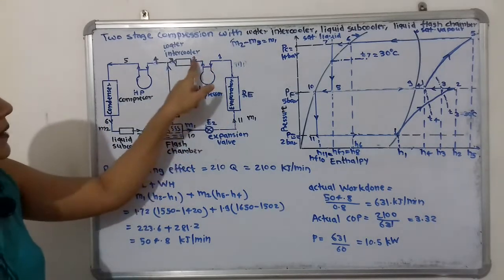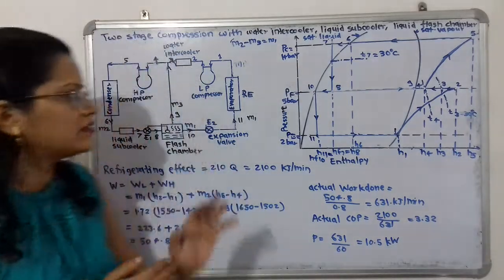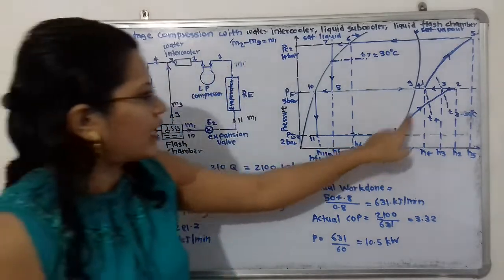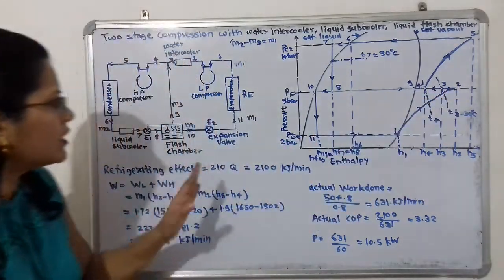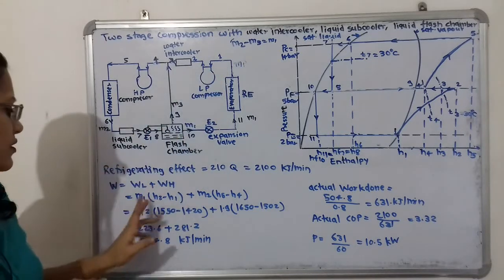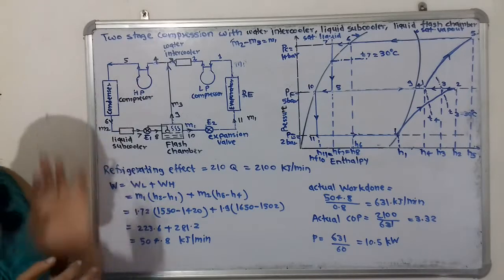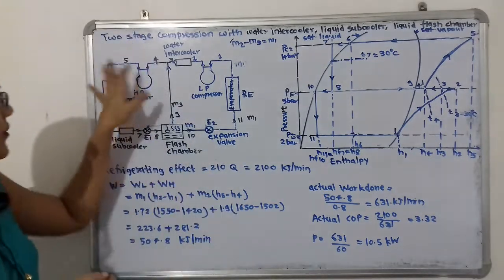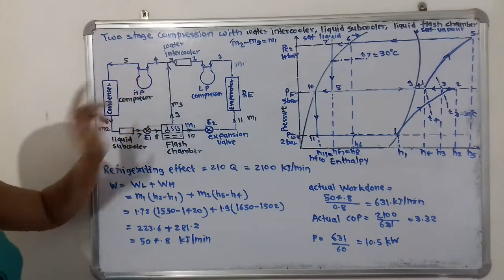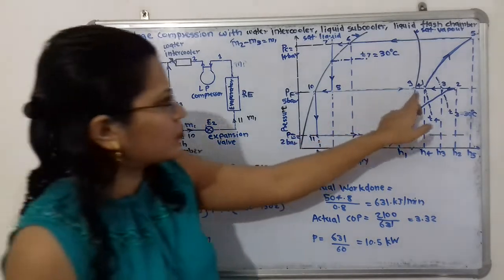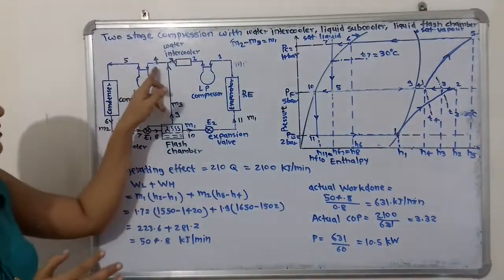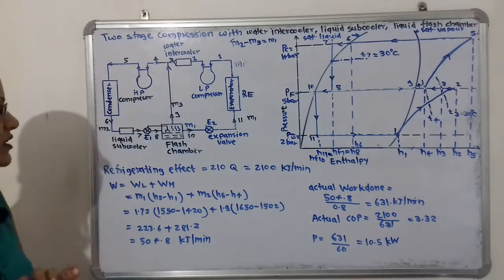That is mass multiplied by the enthalpy difference during compression. Here for process 1 to 2, that is H2 minus H1 multiplied by the mass of the refrigerant, M1, plus the work for process 4 to 5, that is H5 minus H4 multiplied by the mass of the refrigerant, M2.